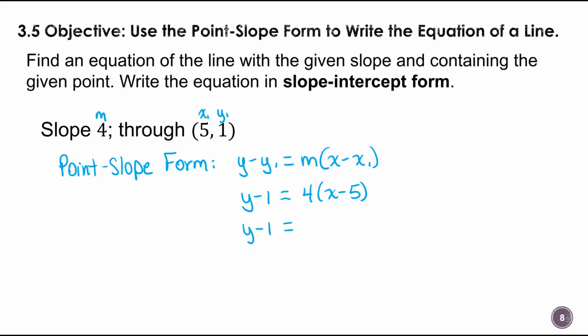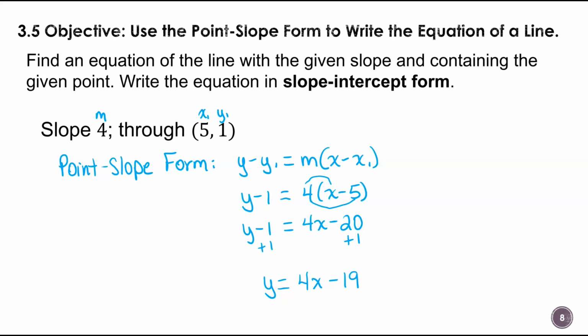The distributive property makes 4x minus 20, because I multiply the 4 times both terms in the parentheses. Then I add the 1. So my equation is y equals 4x minus 19. I have a slope of 4, which you knew from the beginning, but you didn't know the intercept. So this is a way to find the y-intercept, and it's at negative 19.